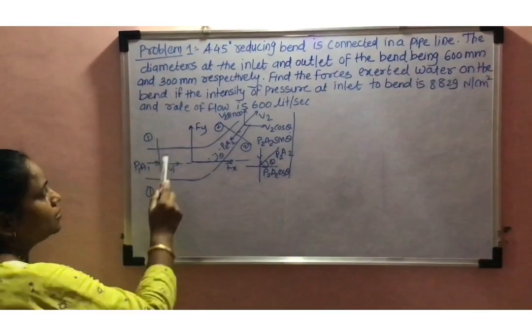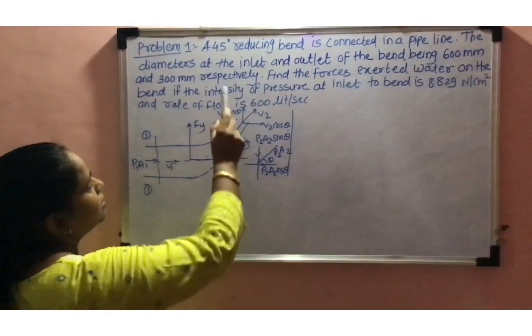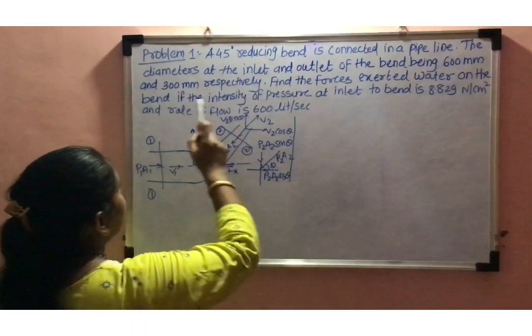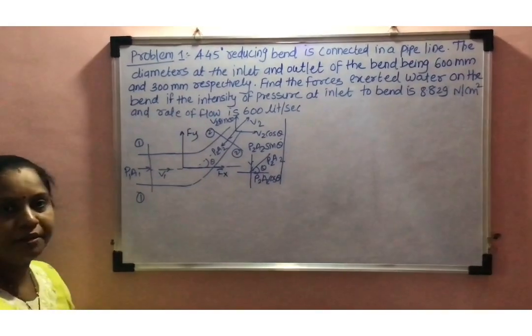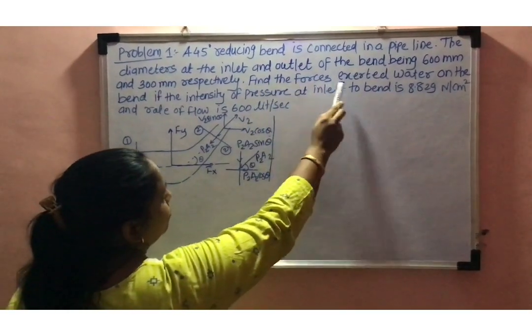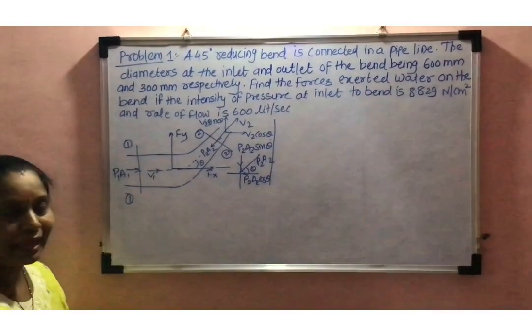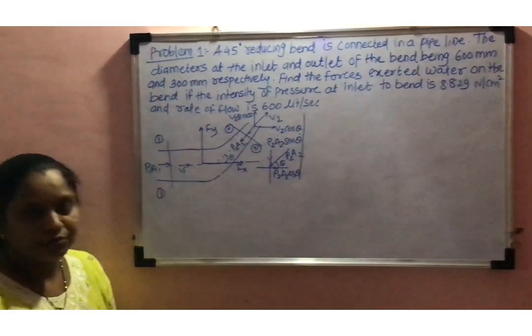The mean diameter at the inlet is 600 mm, and diameter at outlet is 300 mm. Then we are going to find out the force exerted by water. Through this pipe, water is flowing.